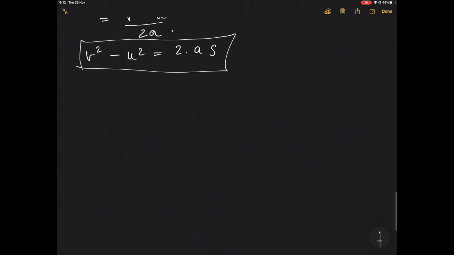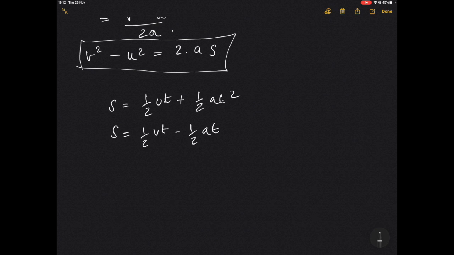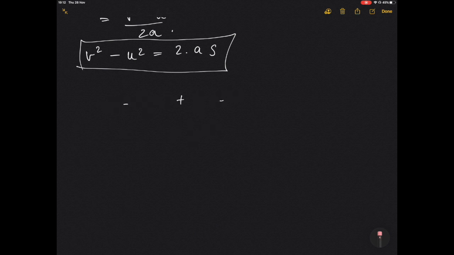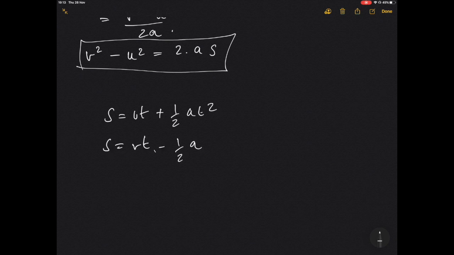So what we've done here is we've created 5 equations. I've written those wrong, start again, sorry. I'll just delete those, copied them wrong. We have s equals ut plus a half at squared. s equals vt minus a half at squared.